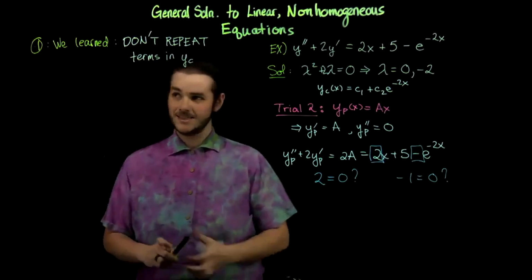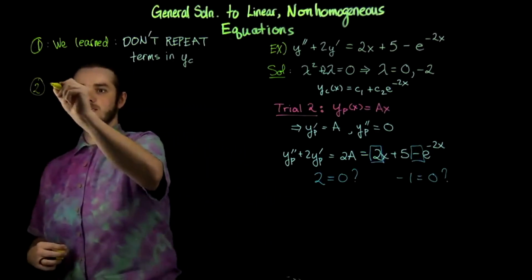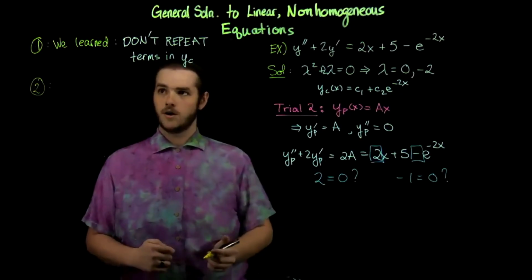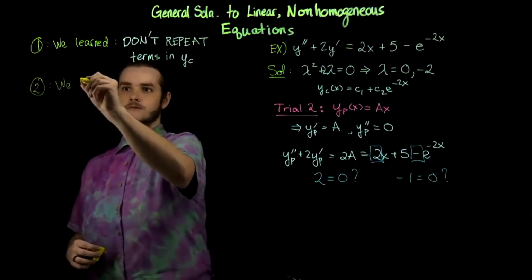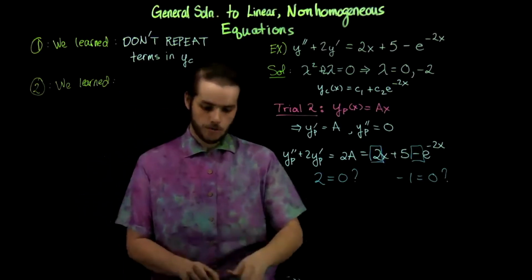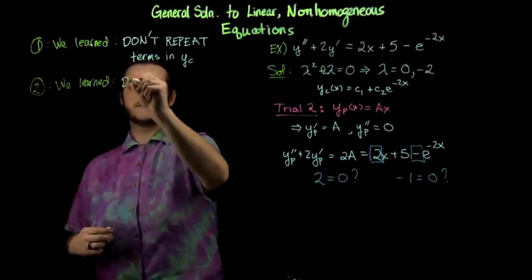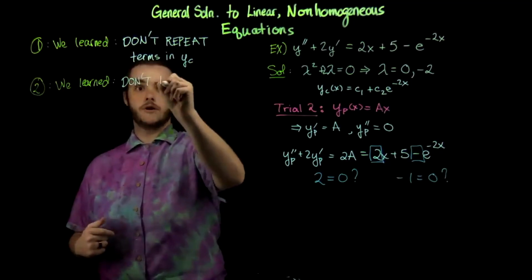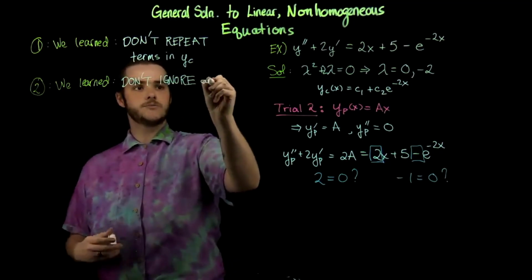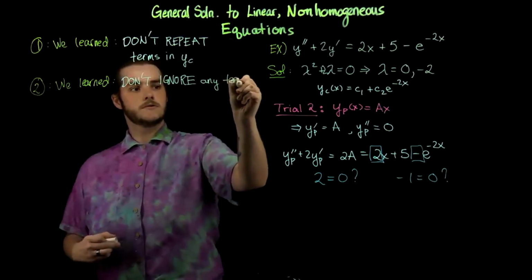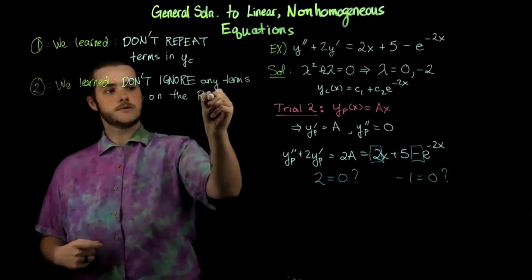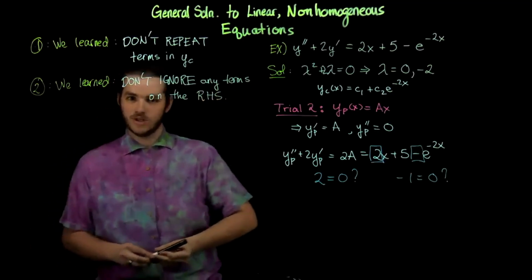But in this example, we saw wholesale leaving out a constant and an exponential from our trial also gave us bad news. So we learned that we don't want to ignore any terms on the right-hand side. How are we supposed to accomplish both of those goals at the same time?